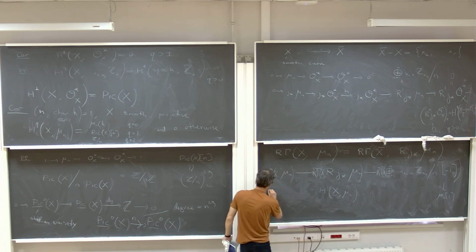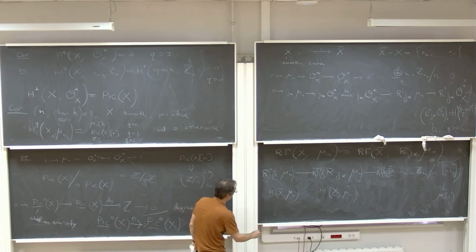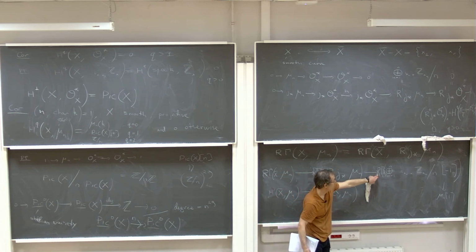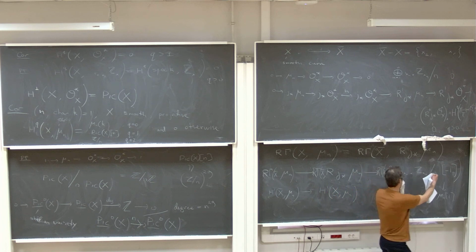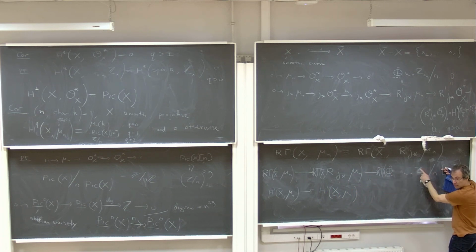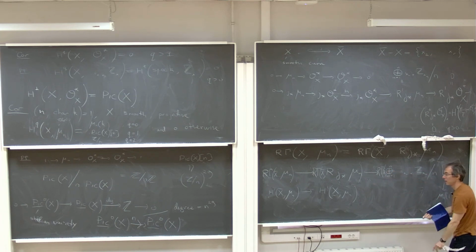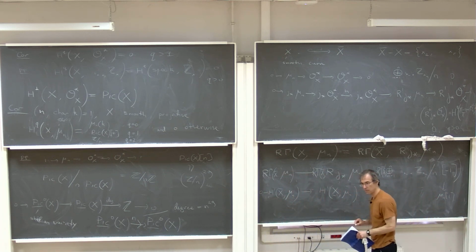So here I will have H1 of x bar, mu n. That's something that we already computed here. So this sheaf has trivial higher homology groups. I shifted by -1, so it means that this guy sits in degree 1. So that means that this map is injective, right, from the long exact sequence.